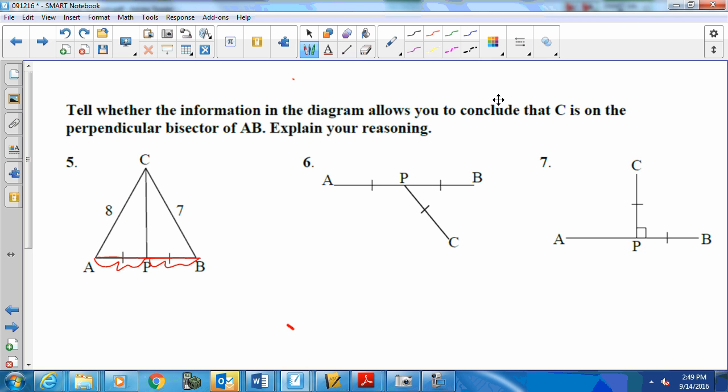The reason why you know they're equal is because of this little line. All right? So hopefully you watch this because this line is what tells you that these two segments are actually congruent. Okay? So those are actually congruent.